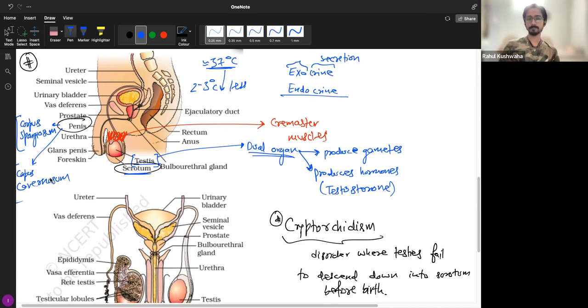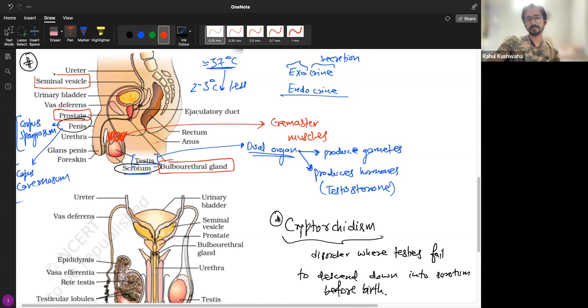Okay, perfect. Now, as I told you, there are certain glands. I'll mark them in red. One is called the prostate. Here you can see a prostate gland, right? Prostate is a single gland. I'm making a square around these. The other is the bulbourethral gland, right? And then there should be the seminal vesicle.